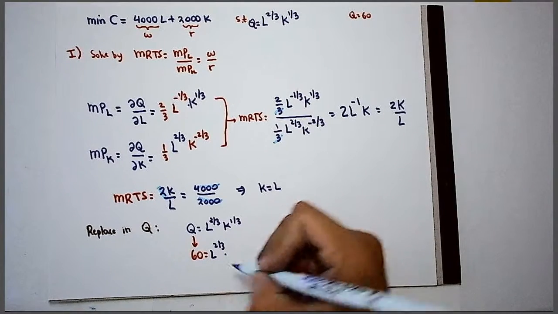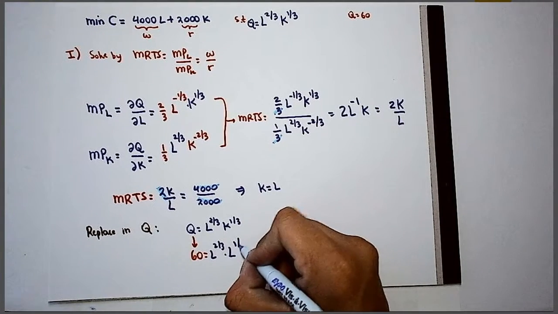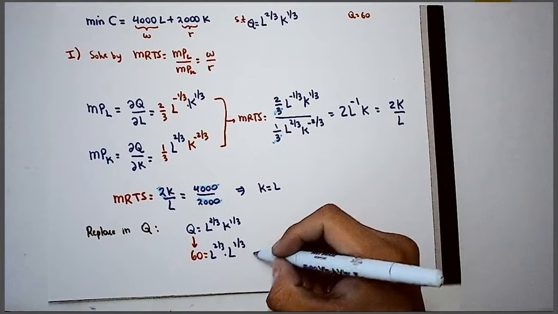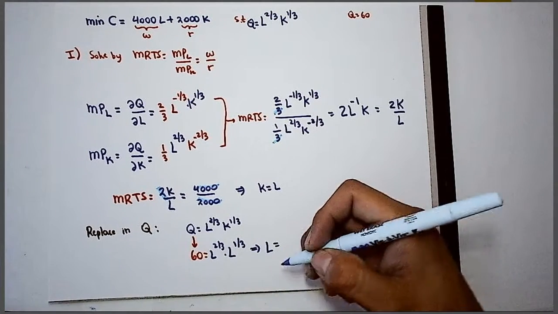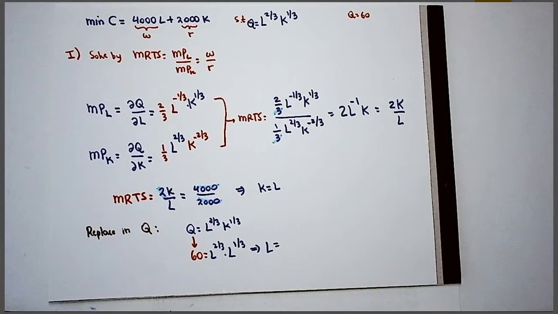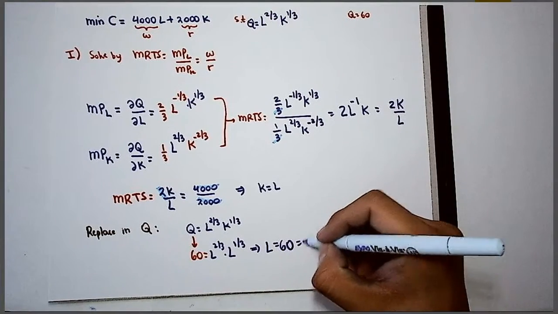And here we have that K and L are equal, so we can write L instead of K. Notice that L to the 2/3 times L to the 1/3 is simply L. That means that L is equal to 60, which is equal to K.